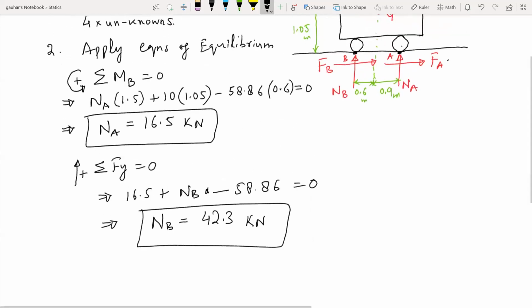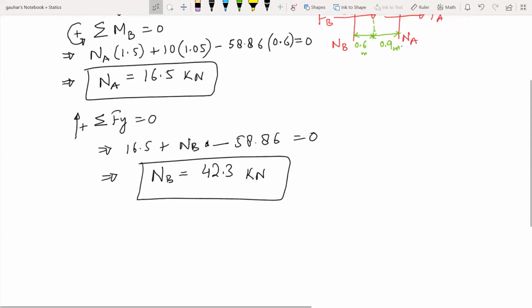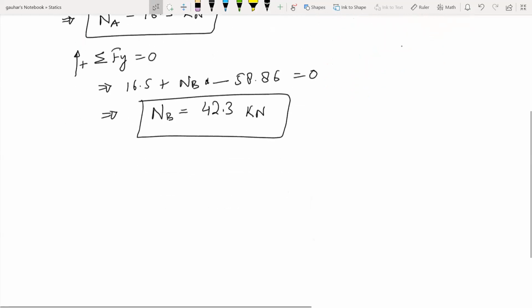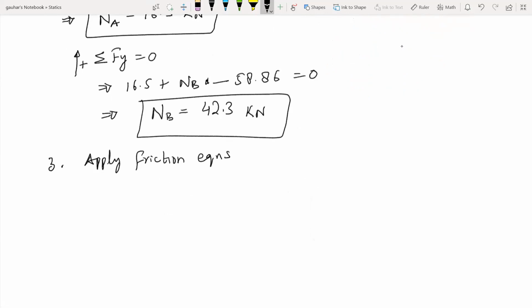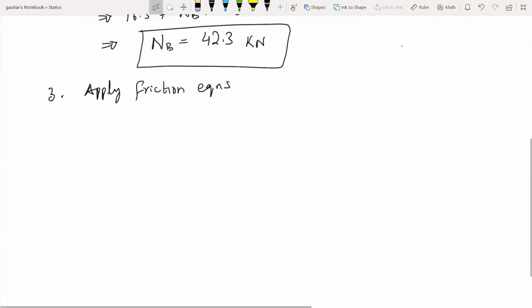Now we want to find FA and FB, right? So that's why we need to apply the friction equations. The third step, apply friction equations. We know the friction equation: F equals mu s times N. N is the normal force, and mu s is the coefficient of static friction.